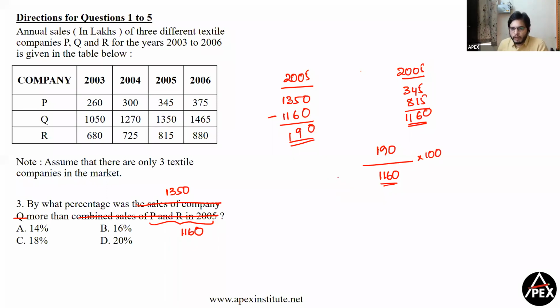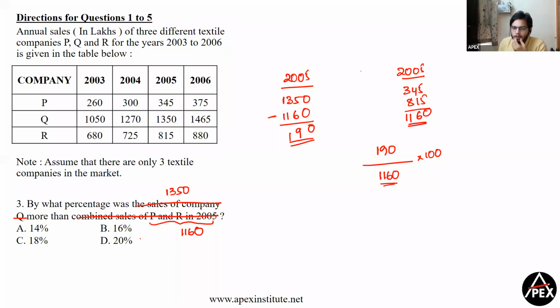So can we approximate this? Go with calculations only, because the percentages are very close here.